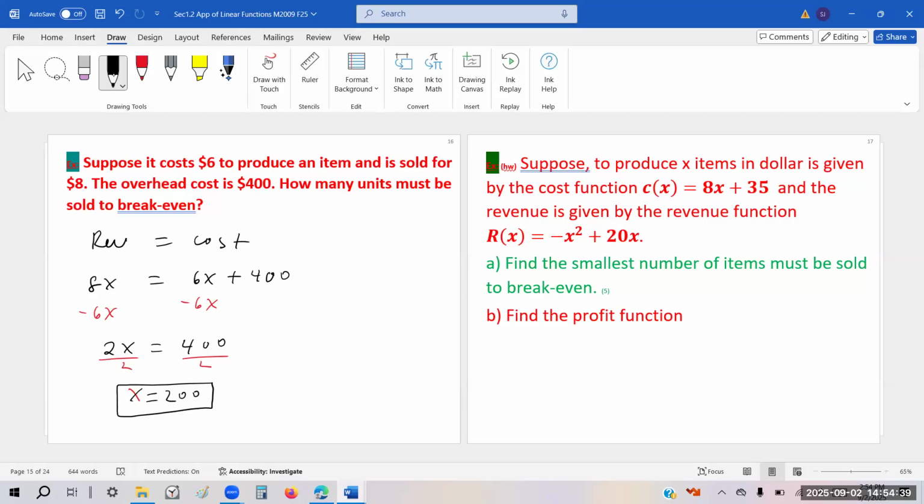Yeah, so really? Fine. How do you like profit? When you're subtracting cost, you're just checking the sign.